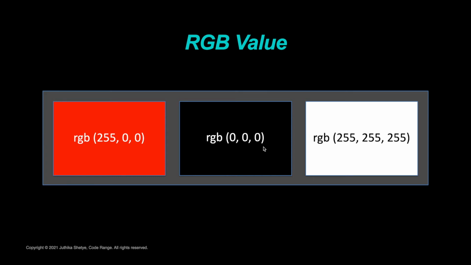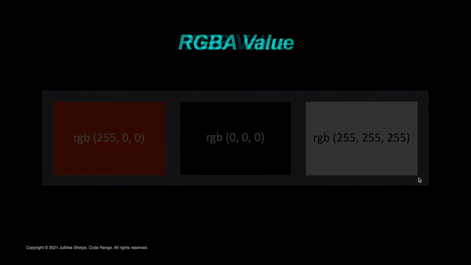To display white, set all color parameters to 255. One of the reasons that people have been switching over to RGB is that there is another option called RGBA. RGBA color values are an extension of RGB color values with an alpha channel, which specifies the opacity for the color.